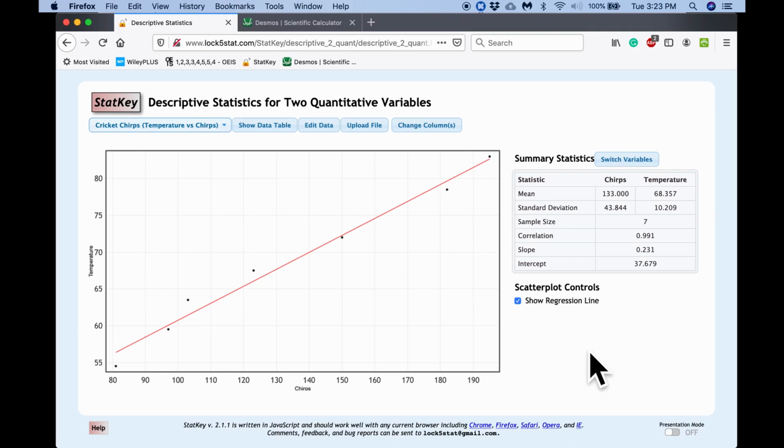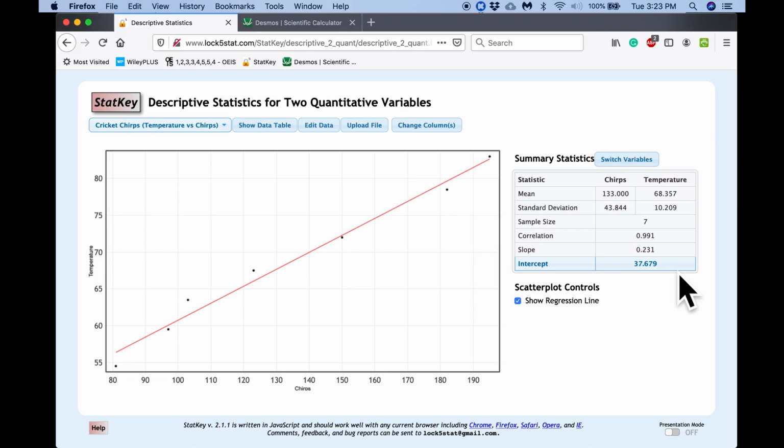So I would say T hat is going to be equal to 37.679 plus 0.231 times the value of C. To put it another way, if you hand me the chirp rate, I'm going to simply multiply that by 0.231. I'm going to add on 37.679, and that's going to give me T hat, which is the predicted temperature that corresponds to that chirp rate. Okay, so that's the equation of the line.